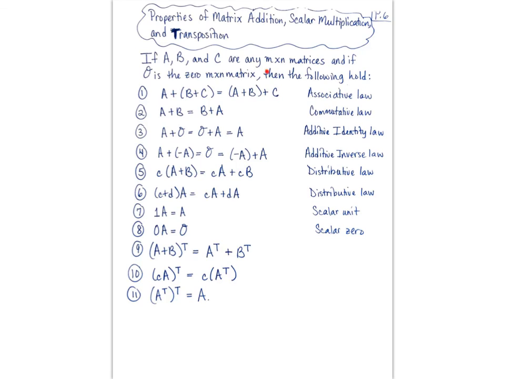A is a size m by n matrix. So what's the size of A transpose? N by m. Very good. It's an n by m matrix. Now if you take the transpose of an n by m matrix, what's the size? M by n. You got your original matrix back. That's why the transpose of A transpose is A. You got it? Yep. What other questions do you have?